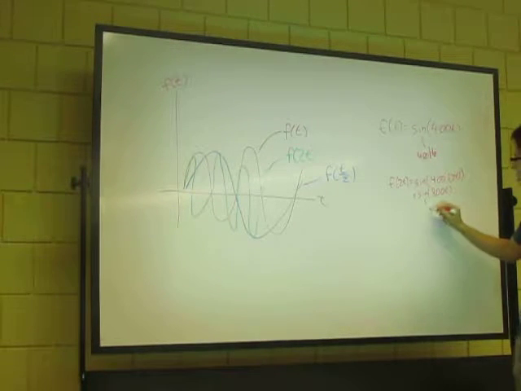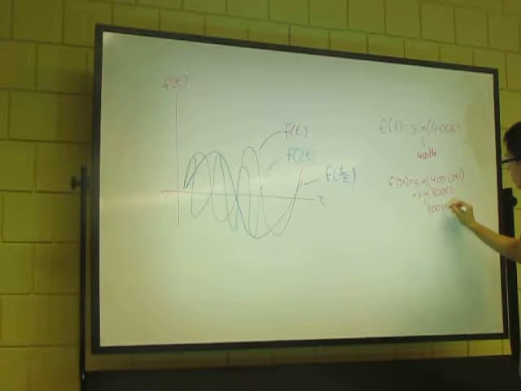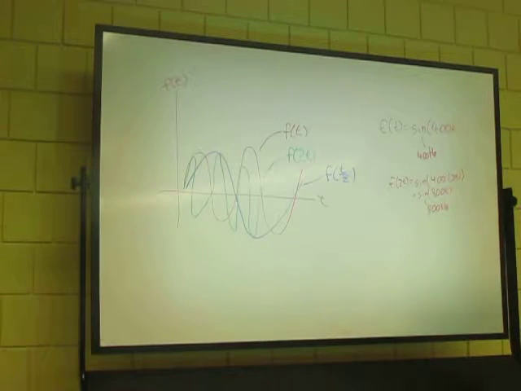Yeah, 800 hertz. Right. So here we see 400, and if we do twice the time, we get 800, and if we do half the time, we'll get 200 hertz.